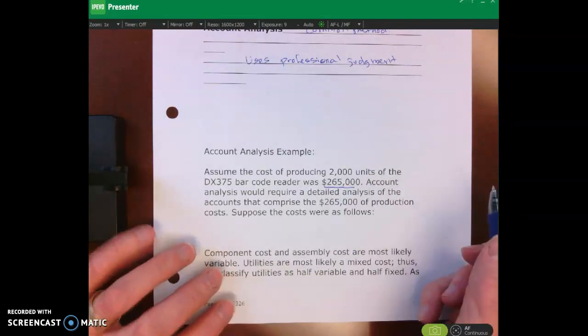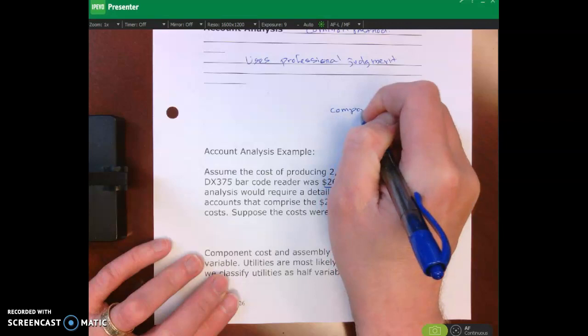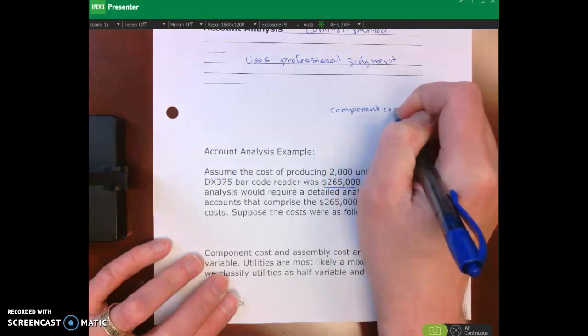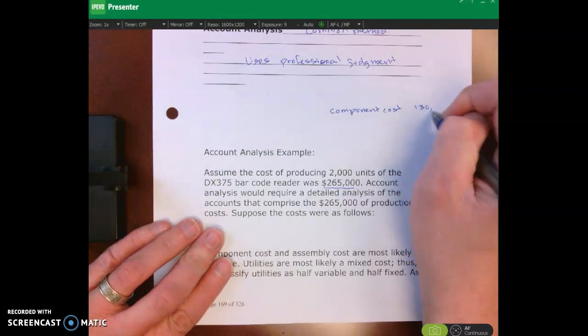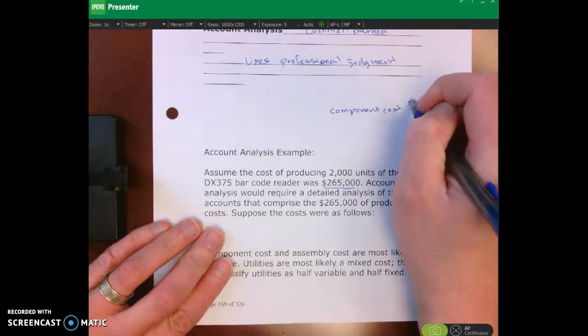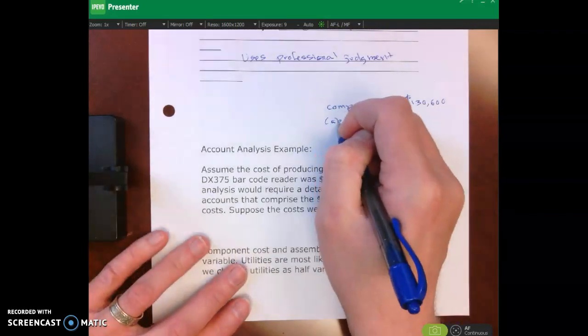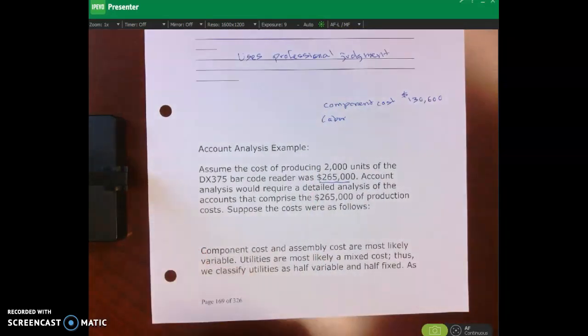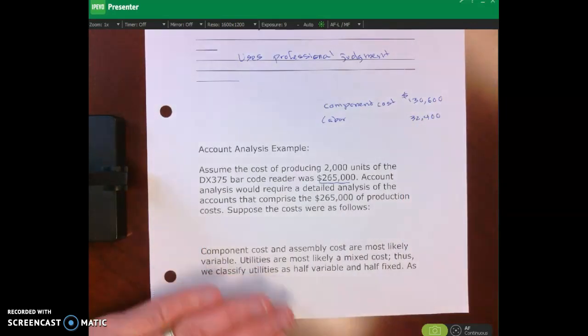So let's say that we did that, and we did some background checking. We said that our component cost, which would be our materials, is equal to $130,600. Okay? Let's say that our labor cost is equal to $32,400.